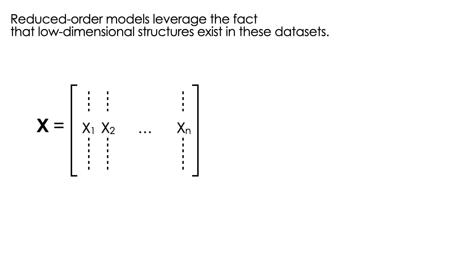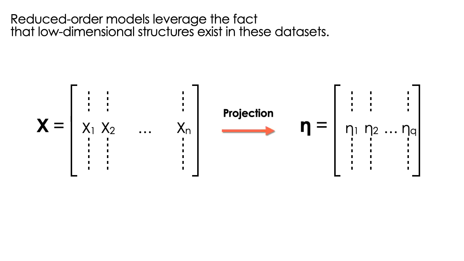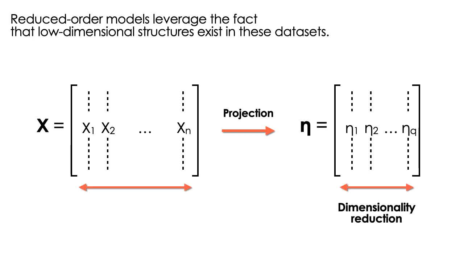So we start with our original dataset X, and we project it to a lower dimensional space where our dataset is now represented with these new parameters eta. And this gives us a chance to achieve dimensionality reduction and can give us some benefits in modeling combustion processes.